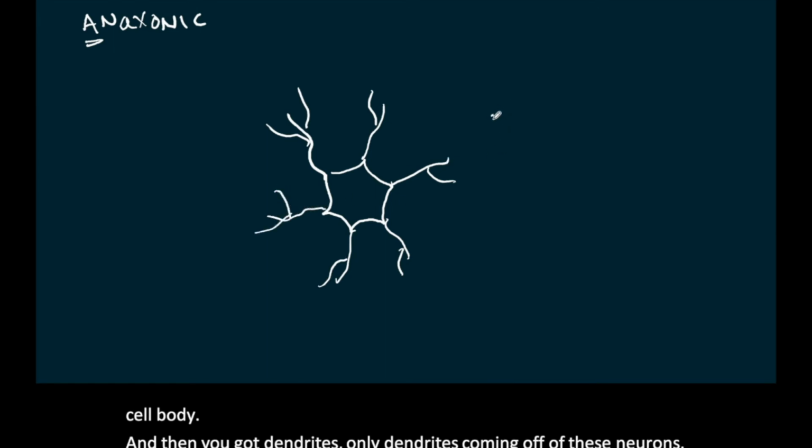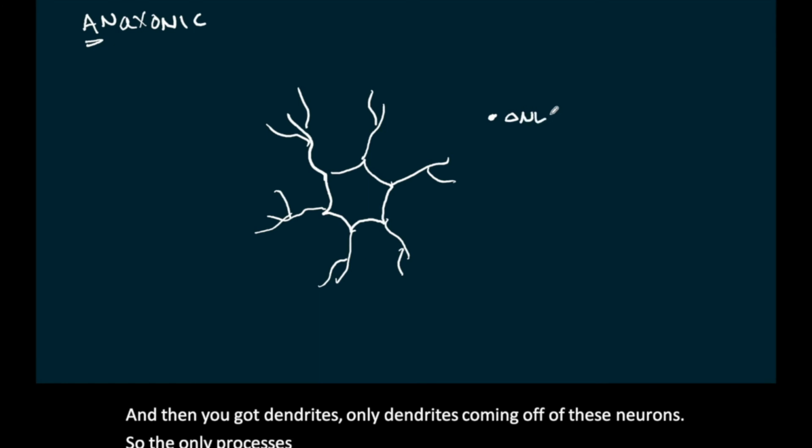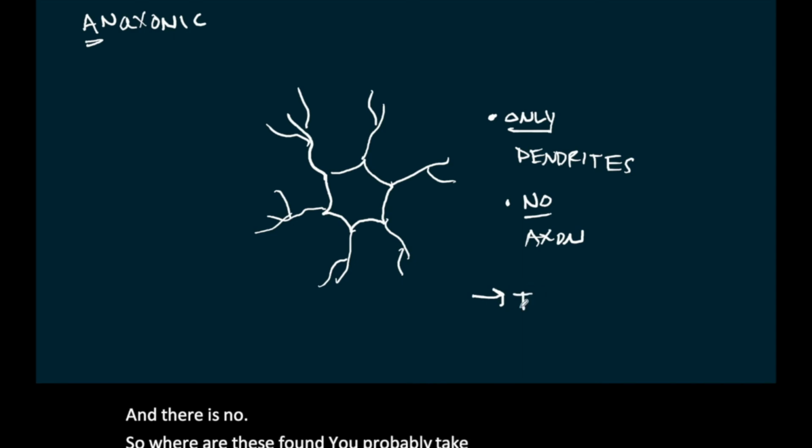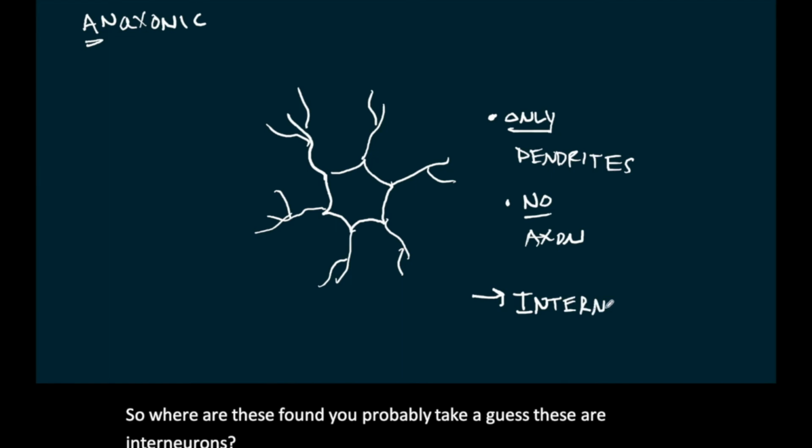So the only processes are dendrites. And there is no axon. So where are these found? Well, you can probably take a guess. These are our interneurons. And that's it.